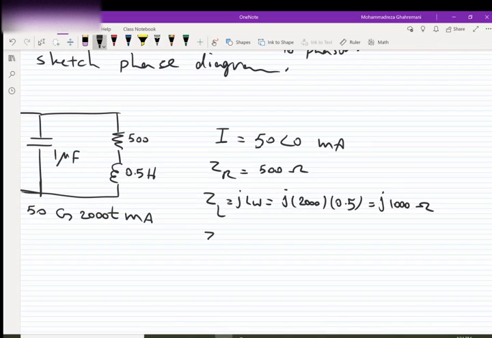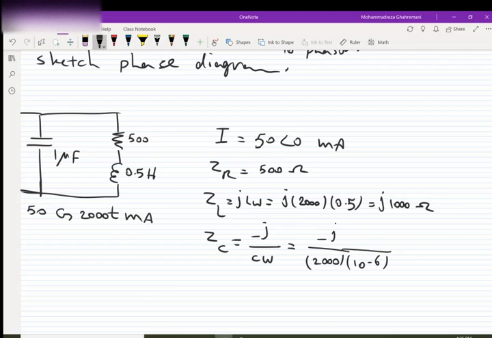ZC is equal to negative J over C omega, which is equal to negative J over 2000 times 10 to the negative 6, which is equal to negative J 500 ohms.